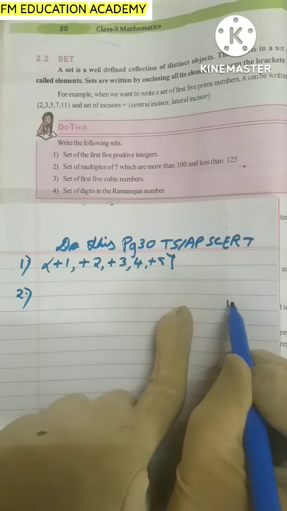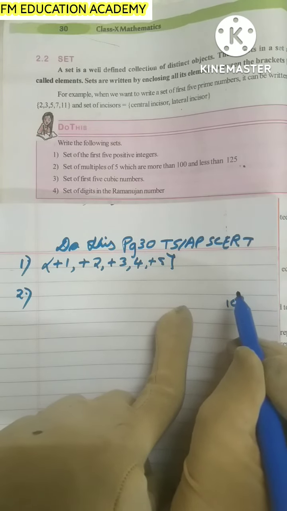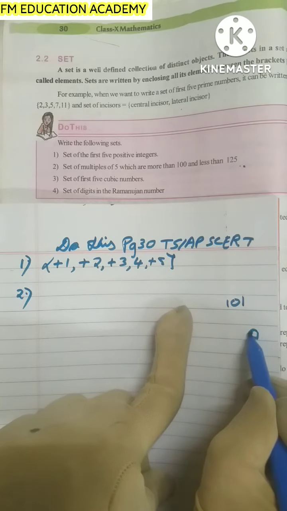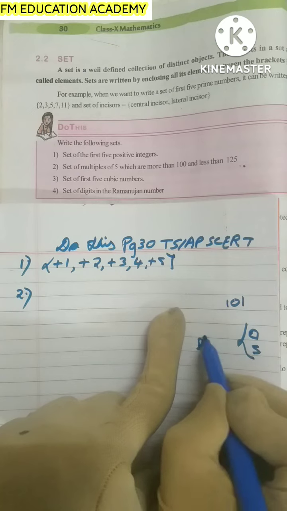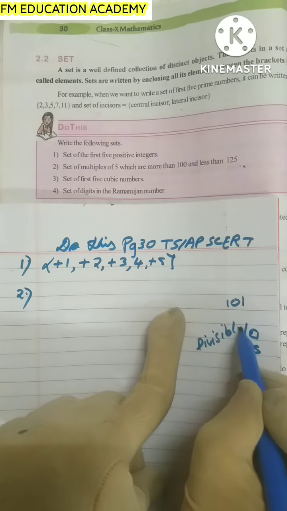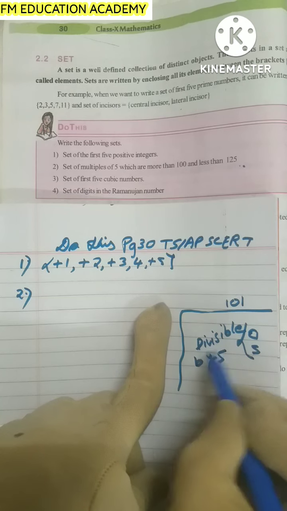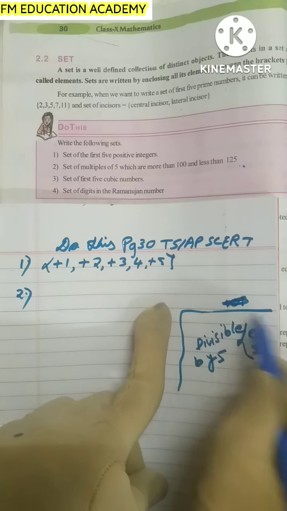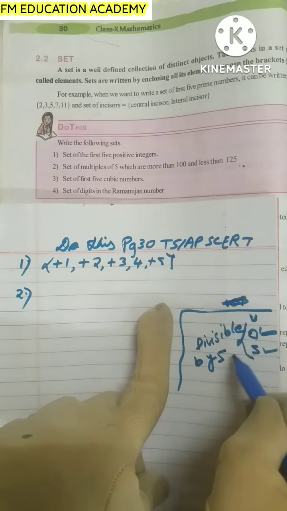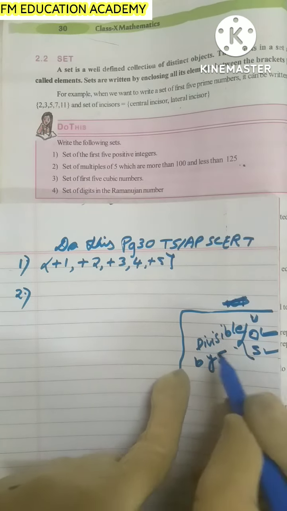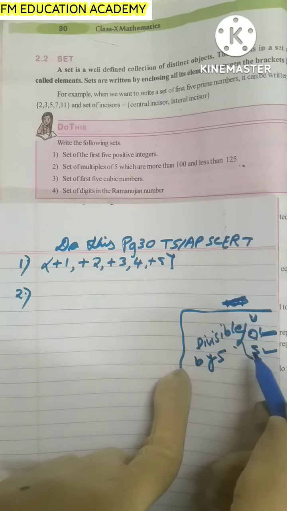But we know that 101 is not a multiple of 5, because numbers which have 0 or 5 as units place will be divisible by 5. We have learned this property in 6th, 7th standard in divisibility rules. What are the numbers which are divisible by 5? The numbers which have 0 and 5 in units place. So multiples of 5 will also have 0 and 5 as their units place.